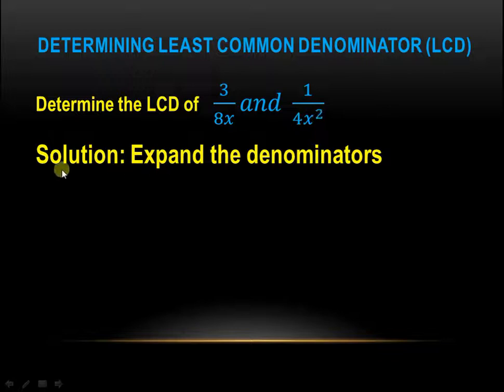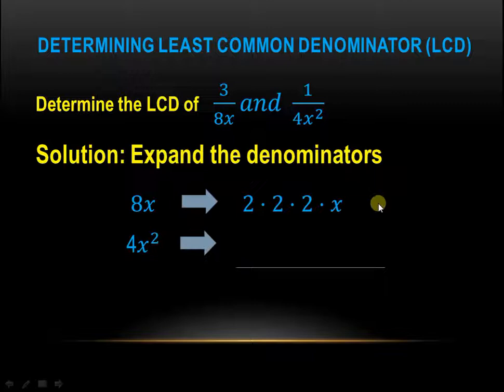So, the technique we're going to use is expand the denominators. So the first denominator, the expanded form will be 2 times 2 times 2 times x. While the expanded form of the second denominator will be 2 times 2 times x times x.